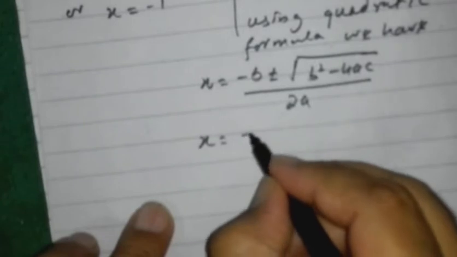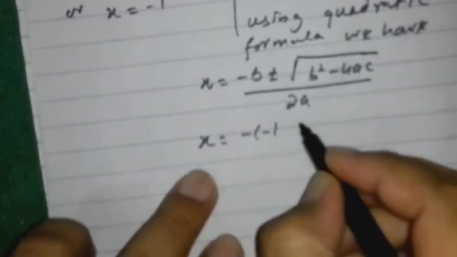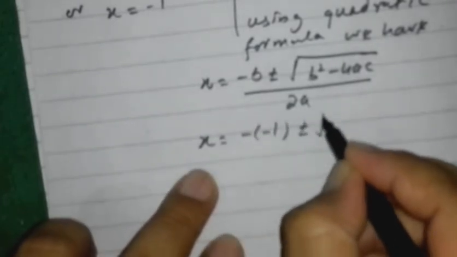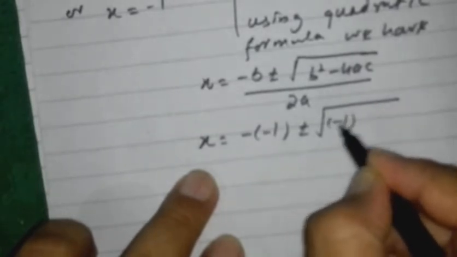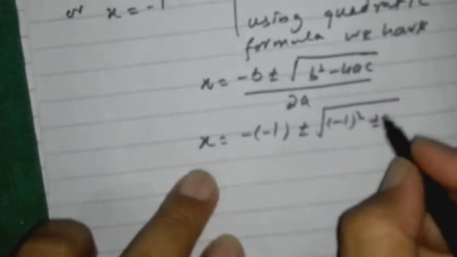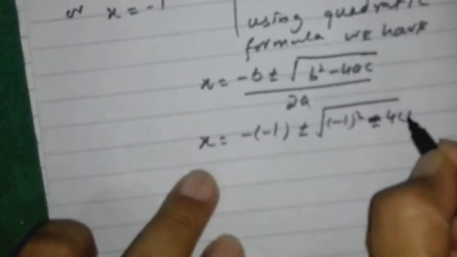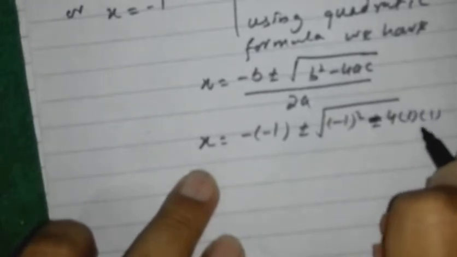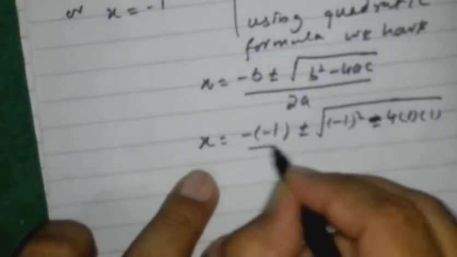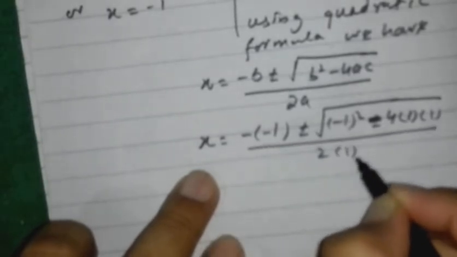Put the values here. Minus the b value is -1, plus minus under the root (-1) square, and here -4, the a value is 1 and the c value is also 1, divided by 2, the a value is 1.